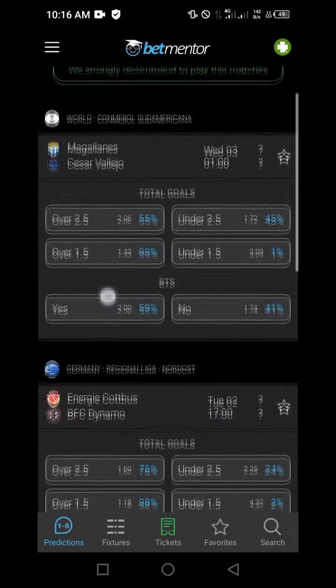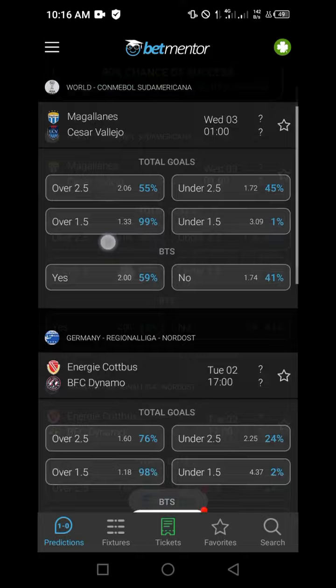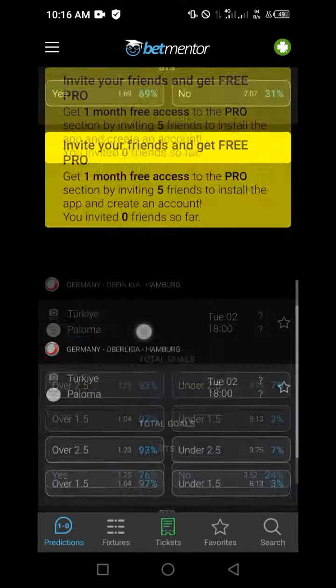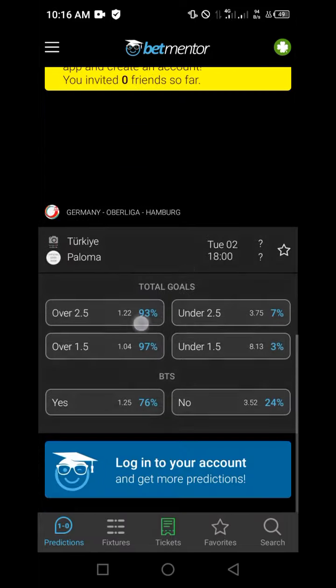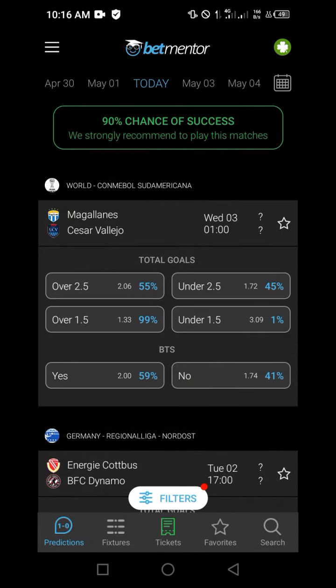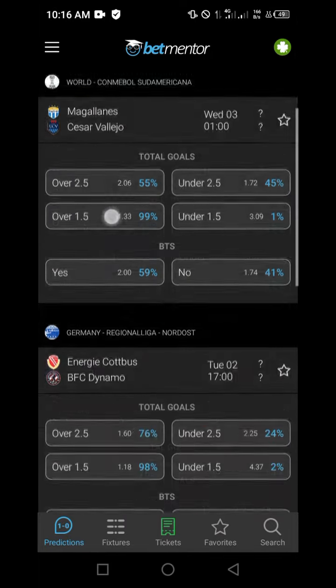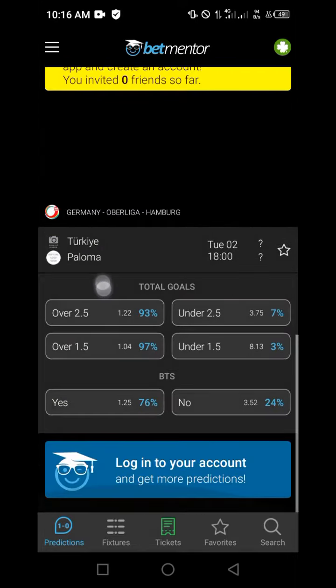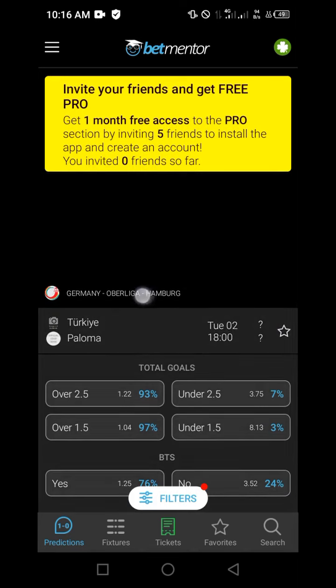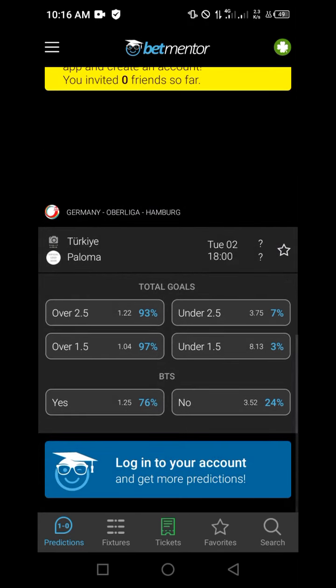Now, what we want to look at is the matches that are here on this front page. These are matches of the day that we will term as bankers of the day. But of course, you can see that based on this front page, we have three matches that have been displayed here. We have a match in the Germany Oberliga Hamburg, which is a match between Türkiye playing with Paloma.